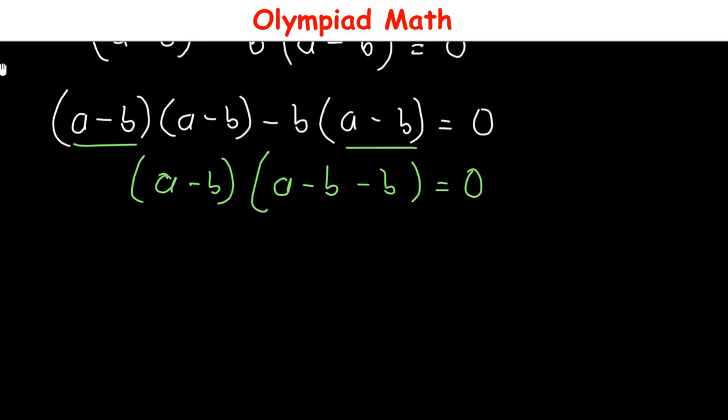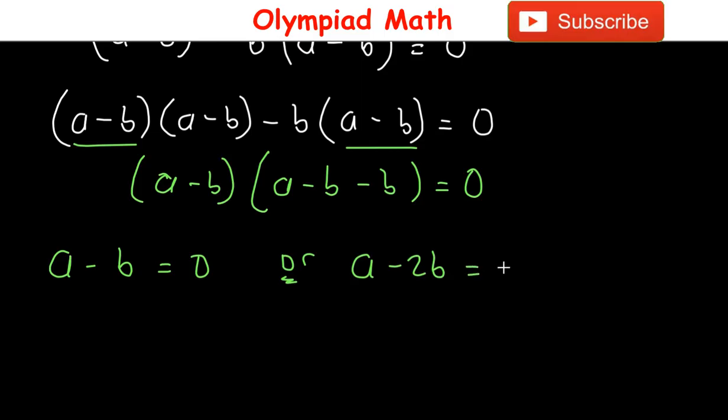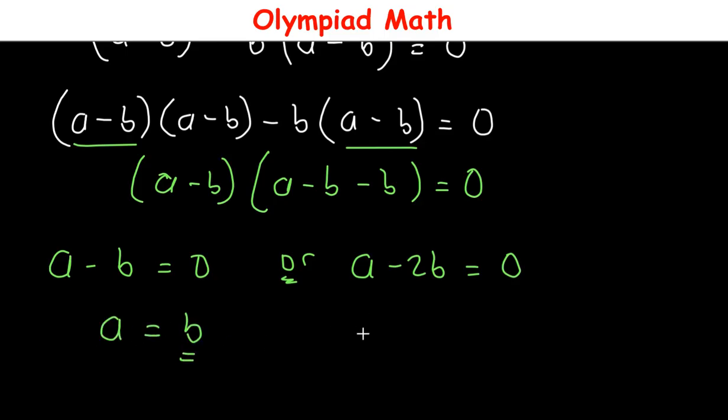So we can equate this to 0 or equate this to 0. So we have a minus b equals 0, or we have a minus 2b equals 0. So from here, the value of a is equal to b, while from here, the value of a is equal to 2b.